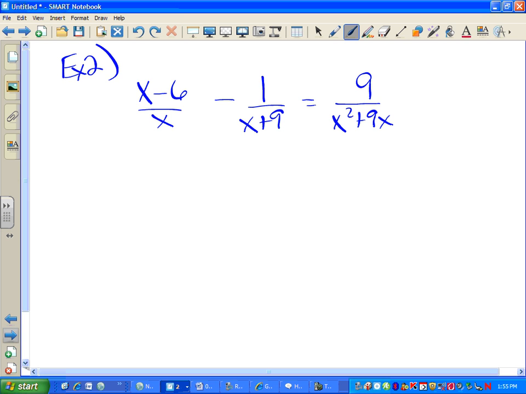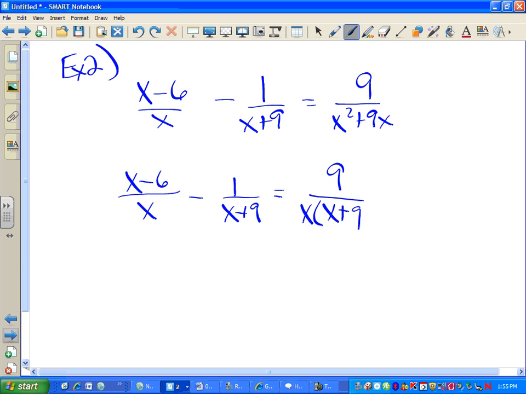As you can tell, there's nothing factorable here, nor is there anything factorable here. But on this last fraction, we're going to factor out an x. So my common denominator is, of course, x plus 9. So let's multiply everything we see by x plus 9, which is our common denominator.